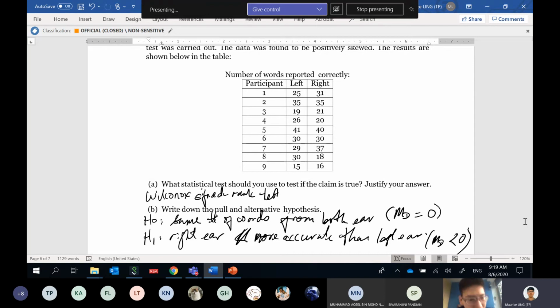Okay, so what's the alternate hypothesis? John, what's the alternate hypothesis? The alternative hypothesis is there is a difference in how accurately adults above 60 report verbally presented materials from their right and left ears, sir. Yes, the alternative hypothesis is correct.